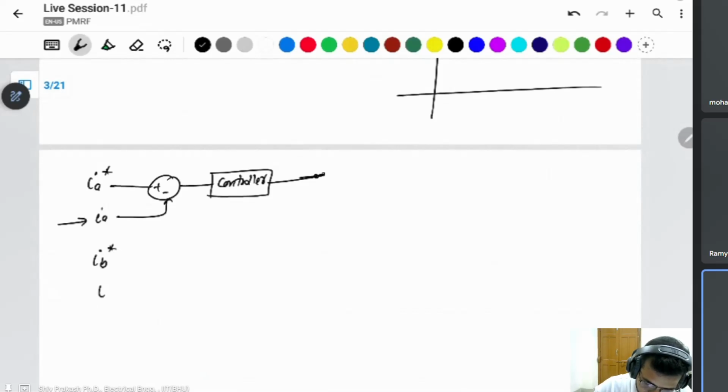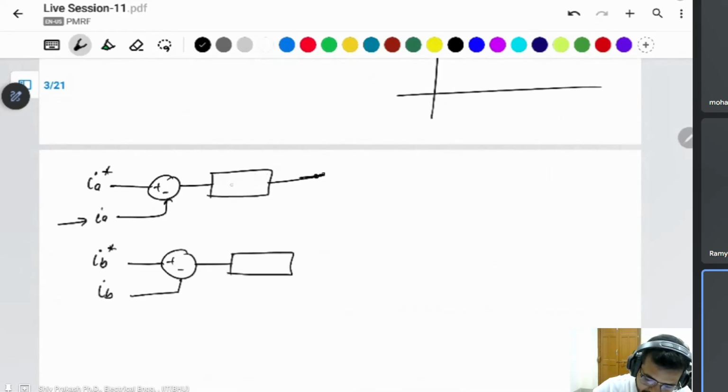IB reference, IB. Suppose we use a PI controller, it is simple. Phase 1 PWM, or you can use a constant generator and then the PWM generator. This goes to the PWM generator.